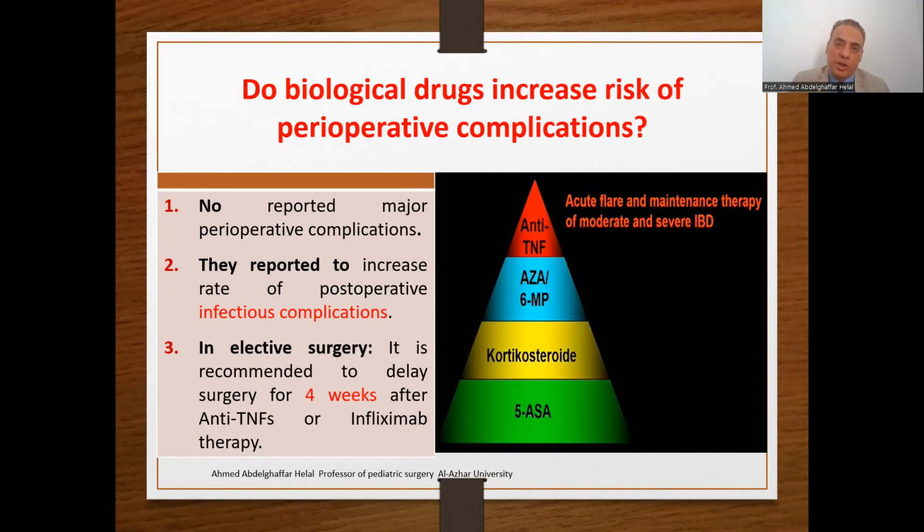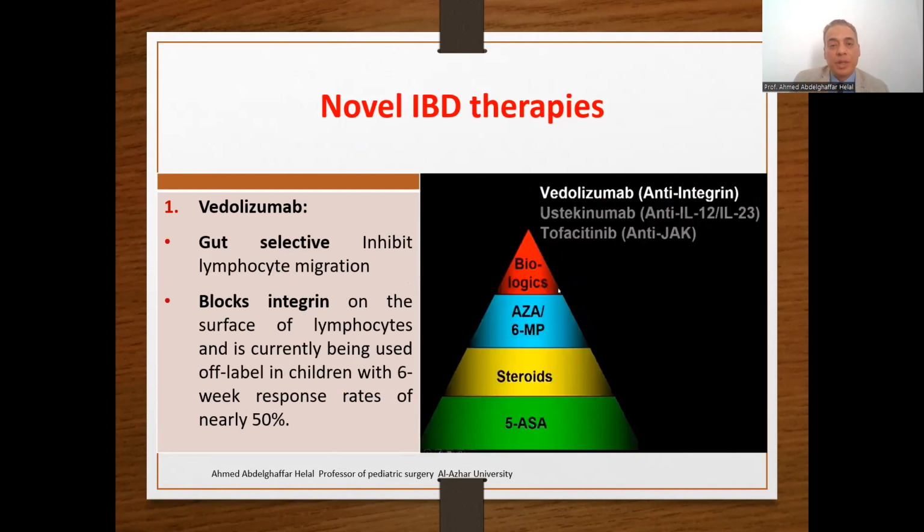So in elective surgery, it is recommended to stop the biological drugs 4 weeks before surgery to decrease the risk of possible infection. However, they are an effective group used for acute flare and maintenance of moderate and severe IBD.